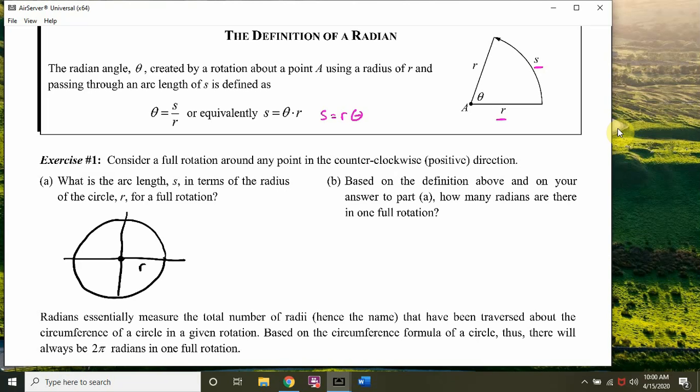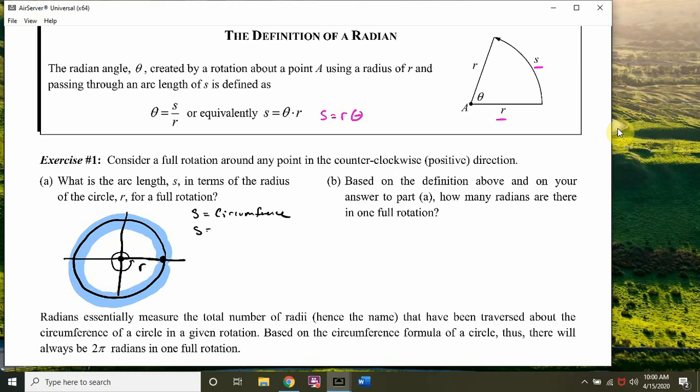Okay, well, here's the radius of the circle. Now, the arc length would be the entire distance around the circle this time because we measured all the way around. All right, well, what do we call all the way around the outside of a circle? That's called the circumference, and that's what arc length represents here, okay? So the arc length S is actually the circumference.